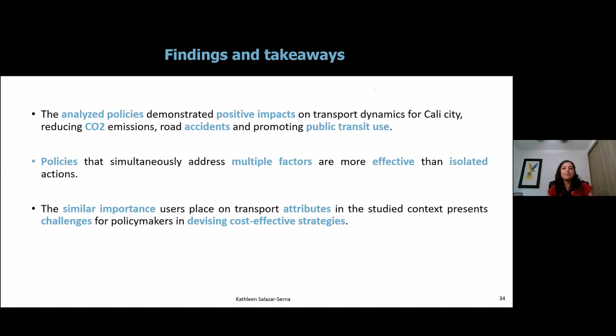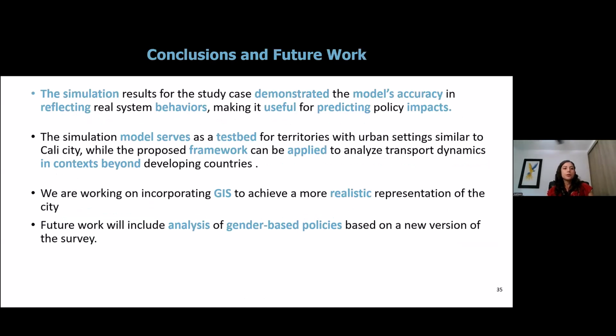So finally, to conclude about this research, we could demonstrate with this simulation model that we developed that it is able to represent the real behavior of the system, and that it is also useful to analyze policy impacts.